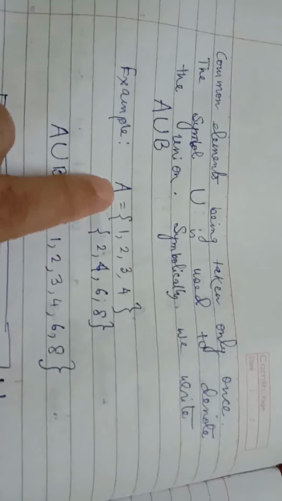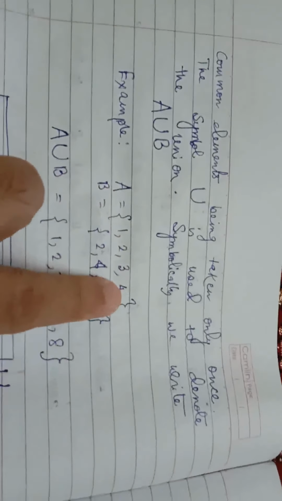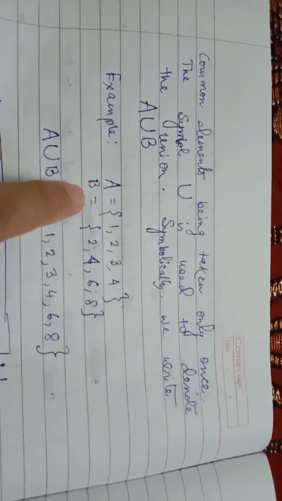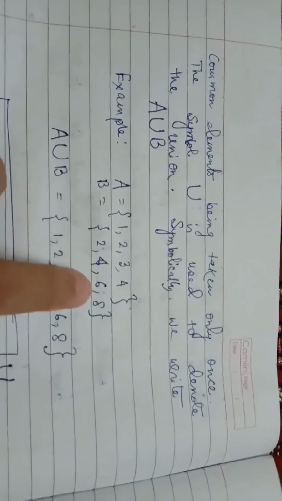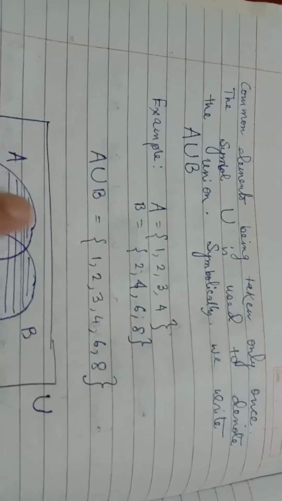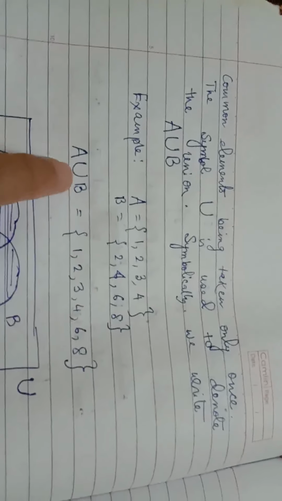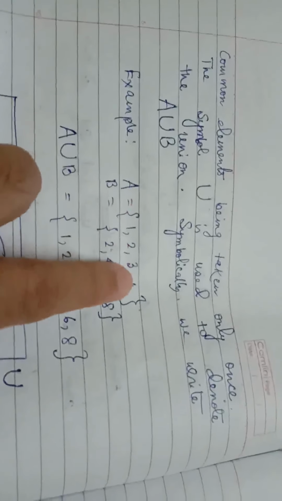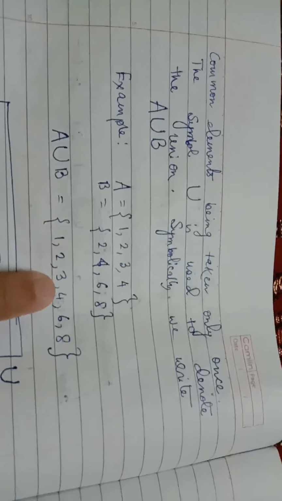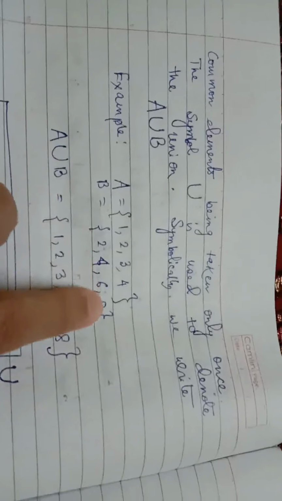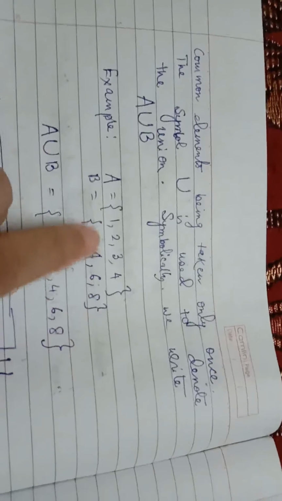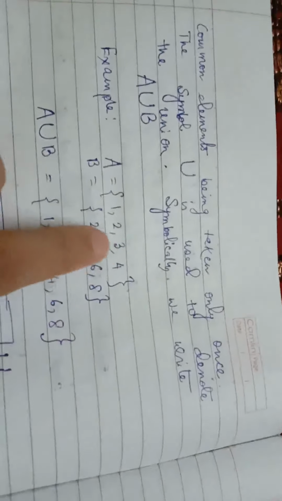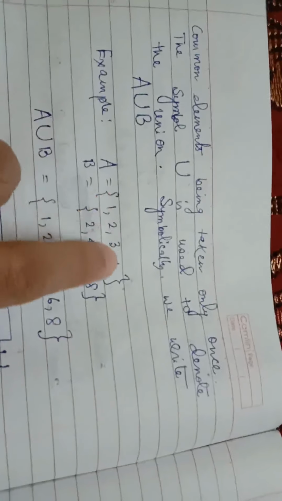Let us take one example. Suppose set A equals 1, 2, 3, 4 and set B equals 2, 4, 6, 8. A ∪ B means all the elements of A, which I have written: 1, 2, 3, 4. Then all the elements of B: 2, 4, 6, 8. The common elements, the elements which are common to both A and B, we have to write once. So 1, 2, 3, 4 first.